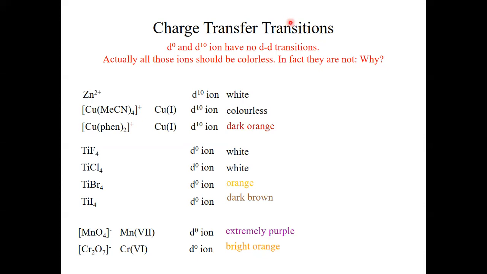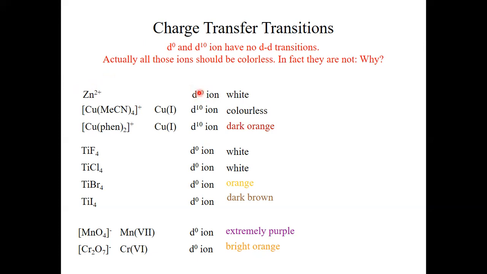So it becomes apparent that these transitions must exist because d0 and d10 ions are not always colorless, as they should be if only dd transitions were allowed. So here are a few examples that illustrate this. For instance, the zinc 2+ ion is a d10 ion.